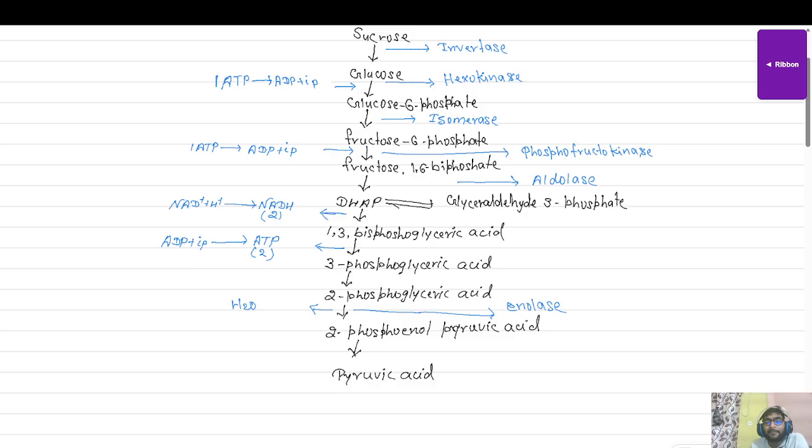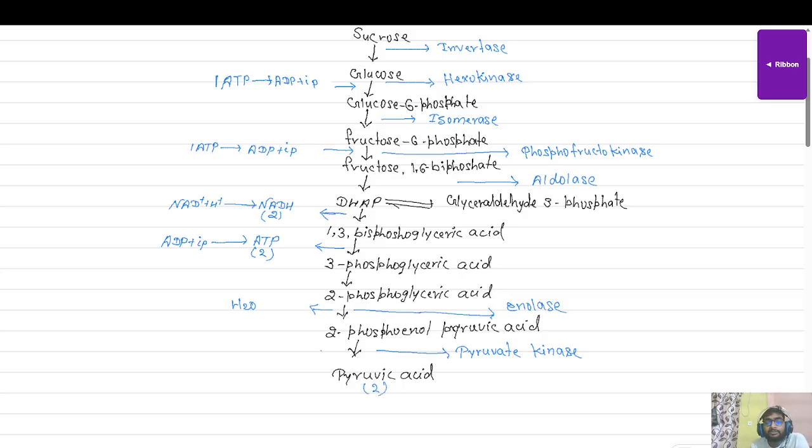And ultimately, this phosphoenol pyruvic acid is converted to pyruvic acid by using the enzyme pyruvate kinase. Under the influence of this pyruvate kinase, the 2-phosphoenol pyruvic acid is converted into pyruvic acid, that is 2 moles of pyruvic acid, right?